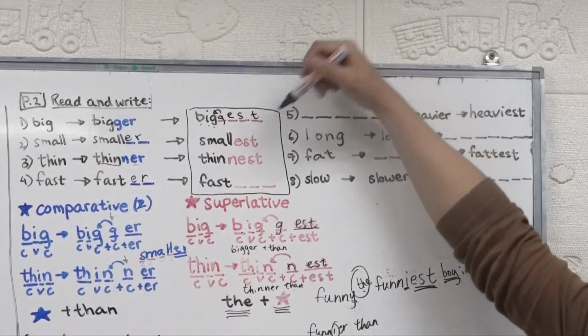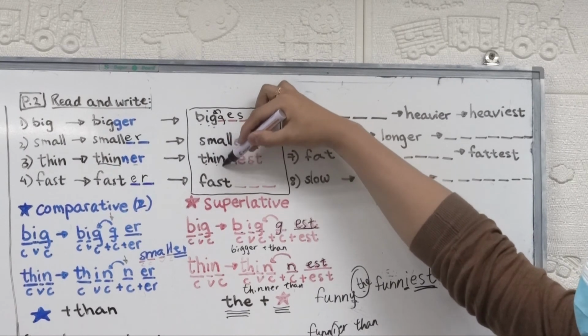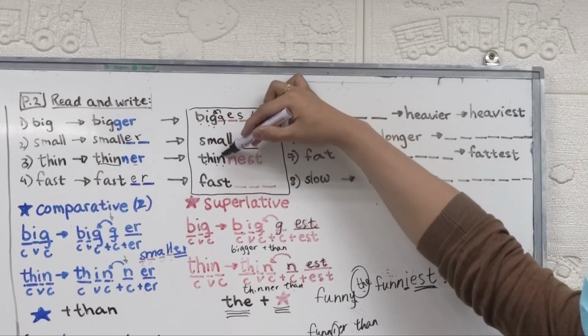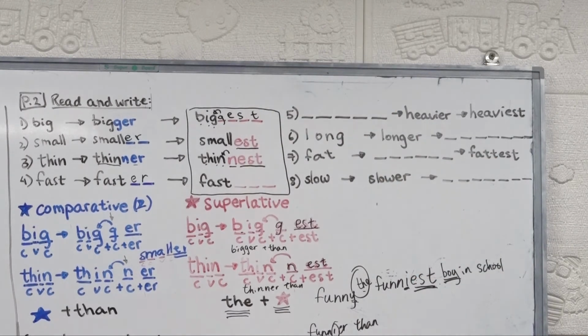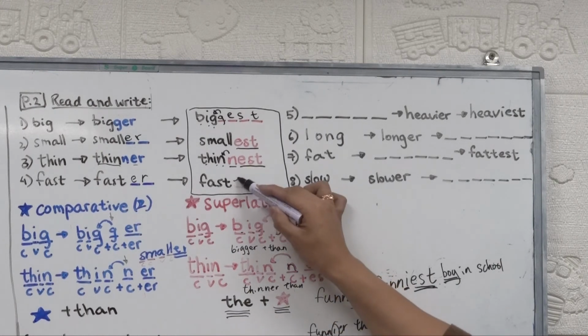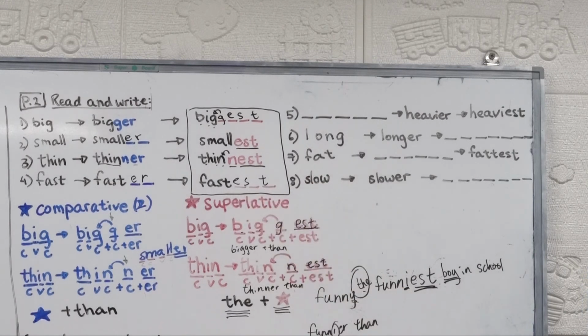Biggest. Then we have small, just put smallest. CVC, thin, so we have to put another C, right? And then EST, thinnest. What do you think for the last one? Fast will become fast. EST. EST, right? So fast become fastest.